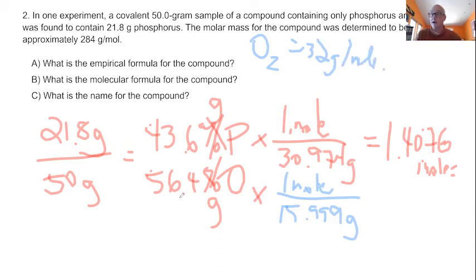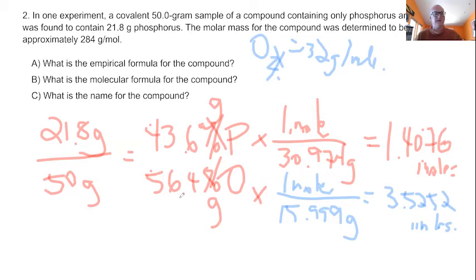But we're not dealing with oxygen molecules here. We're dealing with oxygen atoms, because it's oxygen atoms that are in this compound, not oxygen molecules. So you only want the mass of 1 oxygen atom, because we want to know how many moles of oxygen atoms we have. So how many moles of oxygen atoms do we have? 3.5252. 3.5252 moles.